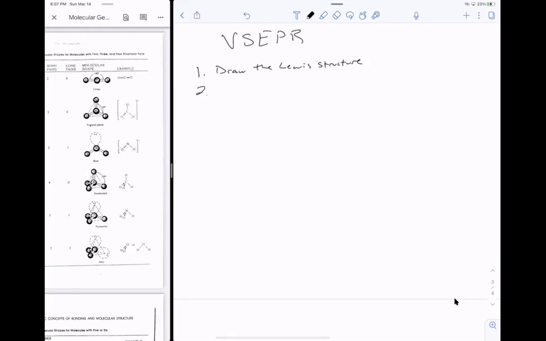Number 2, count the total number of electron pairs around the central atom.